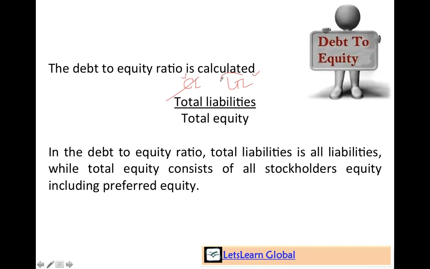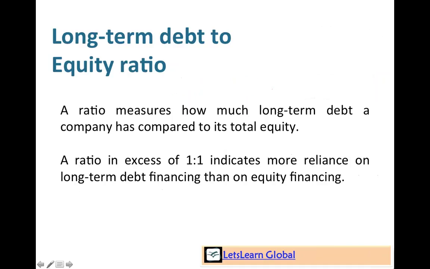So let us give importance to long-term liability in terms of equity. Then the ratio will become long-term liability to equity, that is the long-term debt to equity ratio. The long-term debt to equity ratio should be again less than 1. It should be less than 30% in fact.